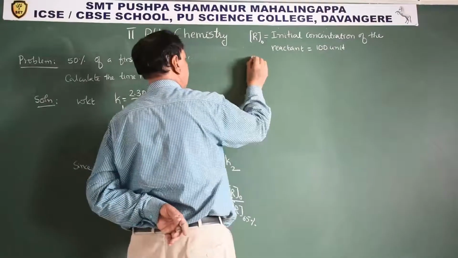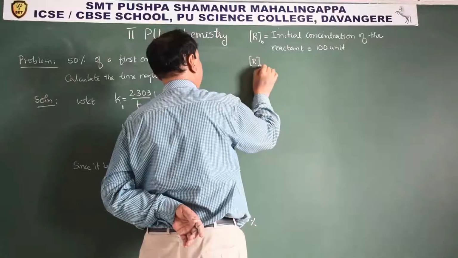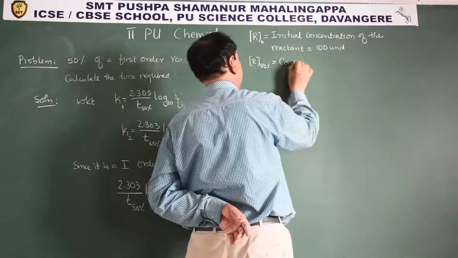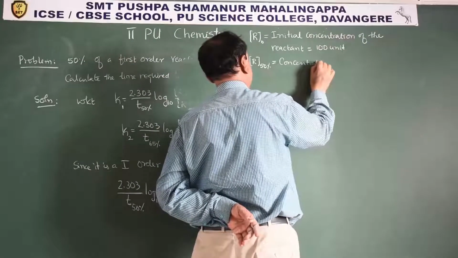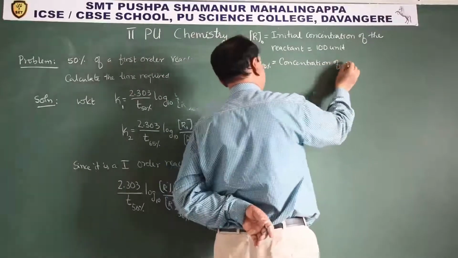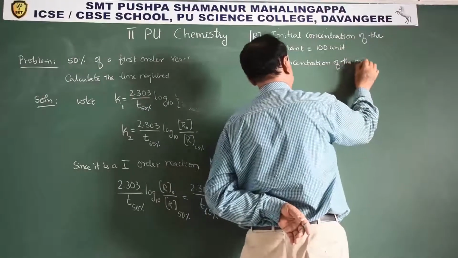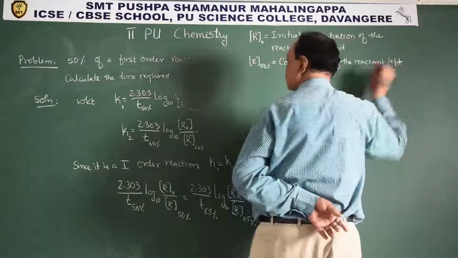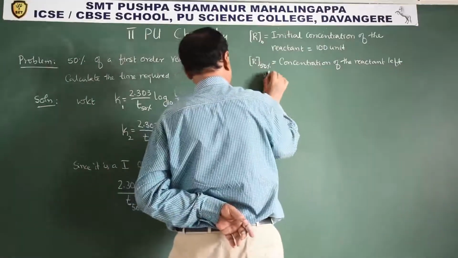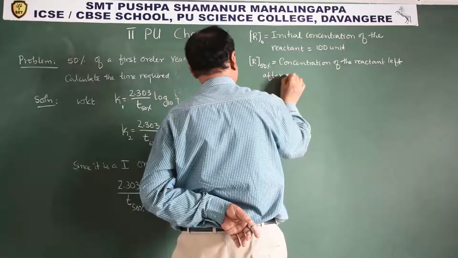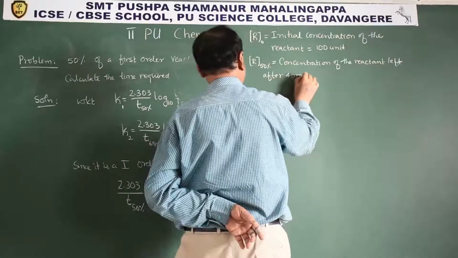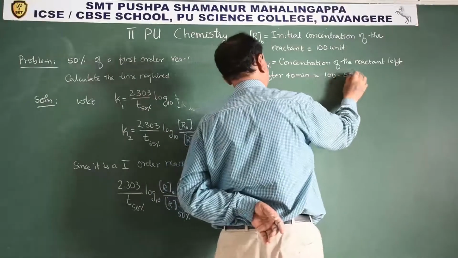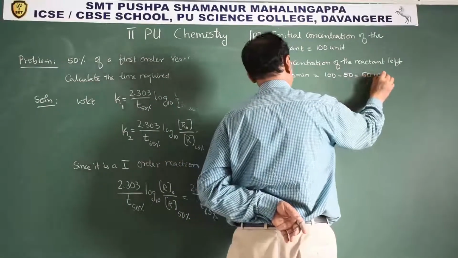R50% is the concentration of the reactant left after T50 minutes, that is 100 minus 50, equal to 50 units.